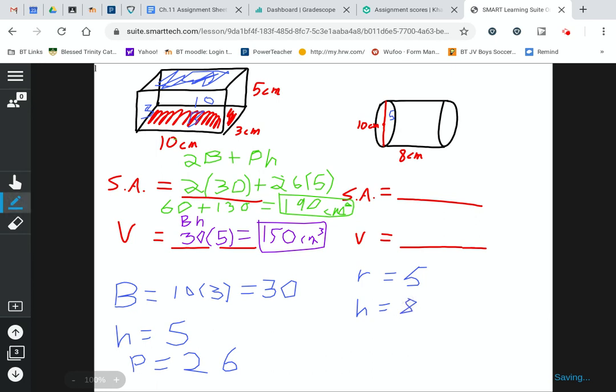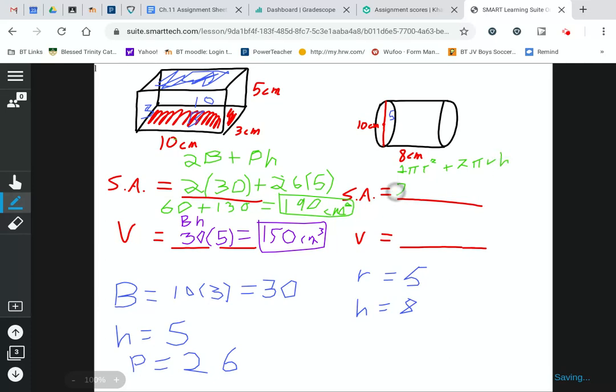Surface area here, we know it's going to be 2 pi r squared plus 2 pi r h.